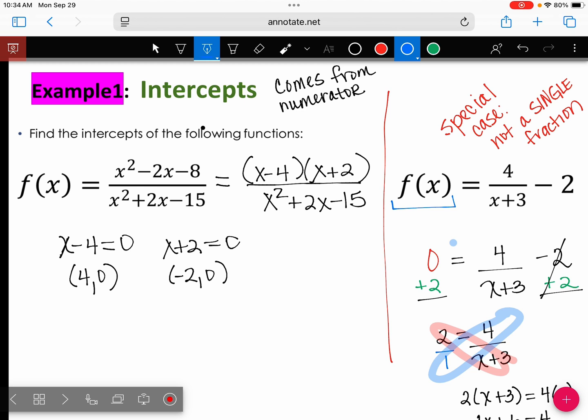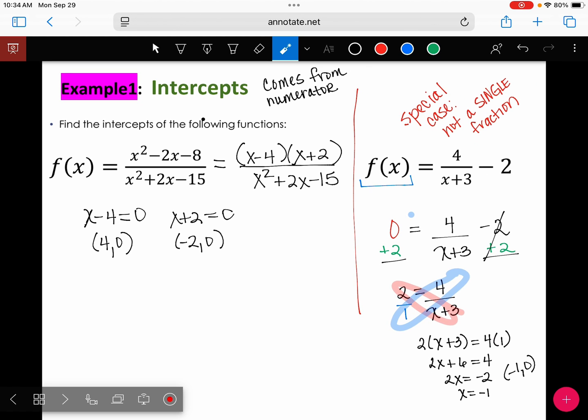But the y-intercept, you would set the x equal to 0. But we focused on the x-intercepts, which comes from the numerator. So remember, x-intercept comes from numerator. We wrote that as an ordered pair. And then we looked at what to do if it's a special case. That's where we have to set the whole thing equal to 0 and solve it.